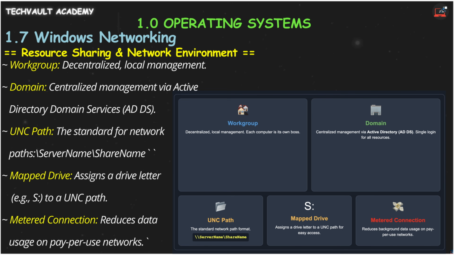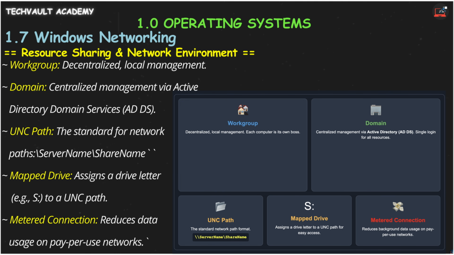You can make this even easier by creating a mapped drive, which assigns a drive letter, like S:, to that UNC path. Finally, if you're on a connection where you pay for data, like a cellular hotspot, you should enable metered connection settings. This tells Windows to reduce its data usage to help you avoid extra charges.